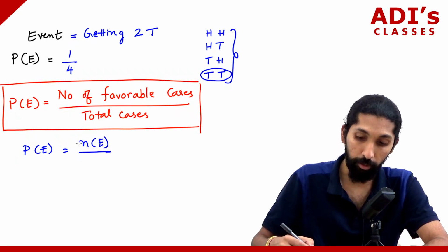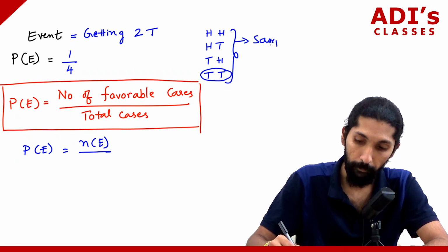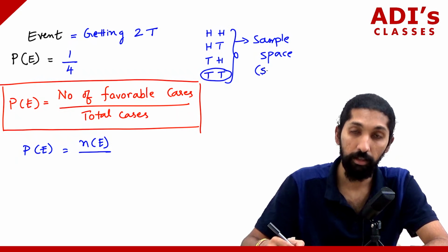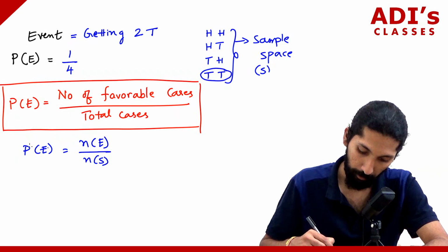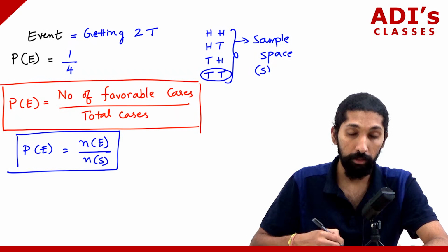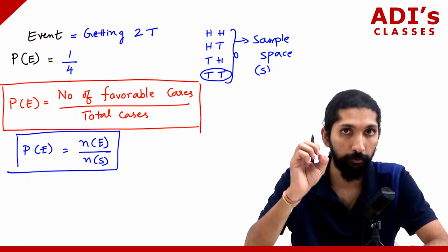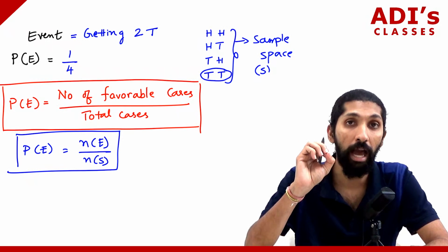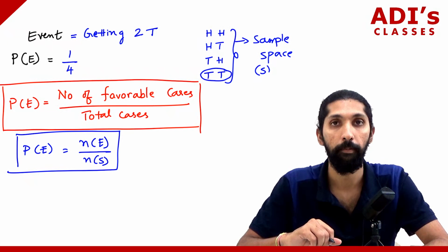The total number of cases is nothing but the sample space, S. So we can write N of E divided by N of S. This becomes the mathematical formula, or the empirical formula, of probability, using the axiomatic approach.